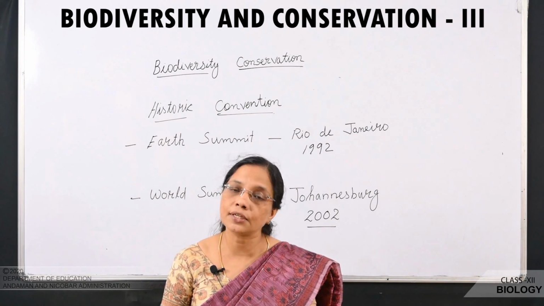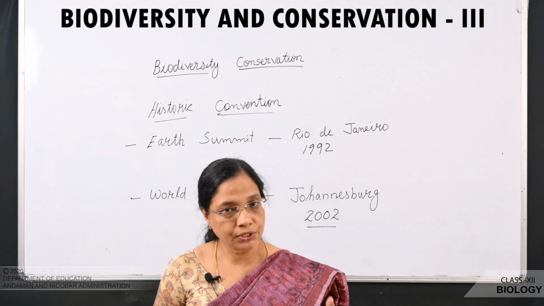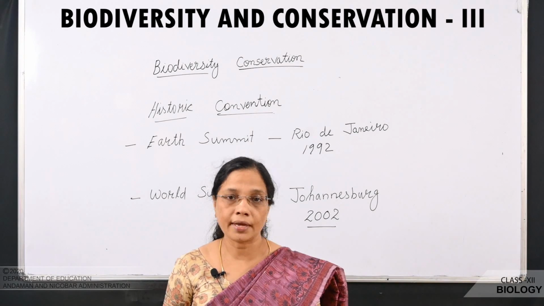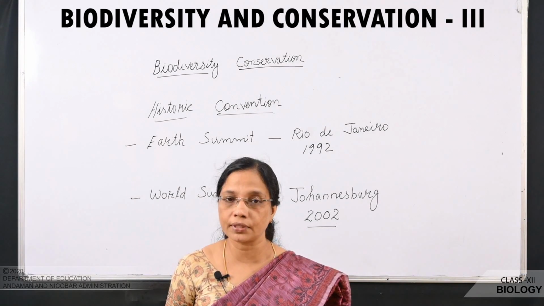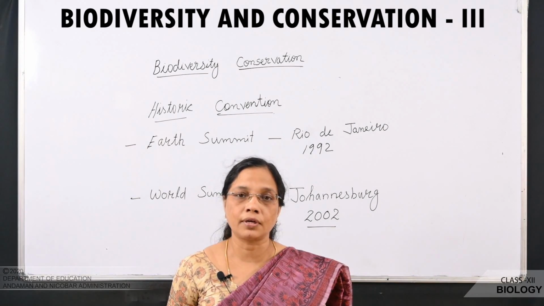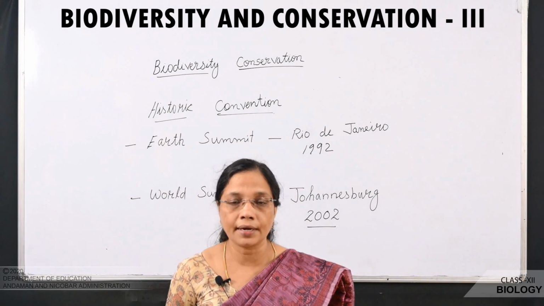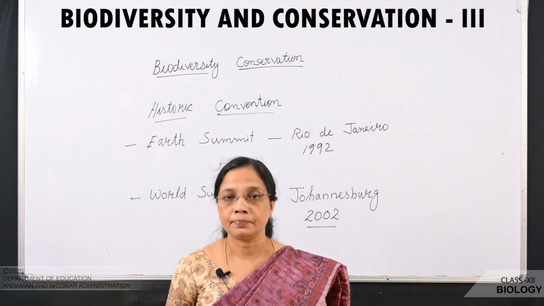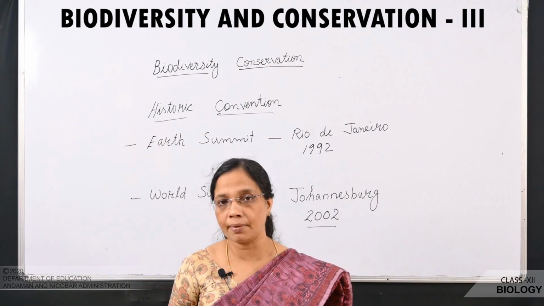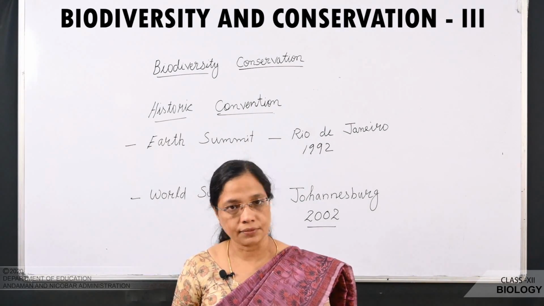Next is ex situ conservation, which means the species are taken from the natural habitat and conserved in an enclosure where all the conditions similar to nature are provided. We have seen the examples of Zoological Park, Botanical Garden, Wildlife Safari, and cryopreservation and seed banks also come under ex situ conservation.